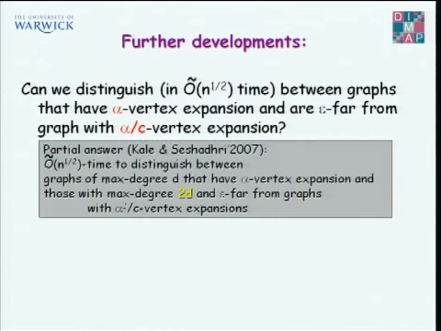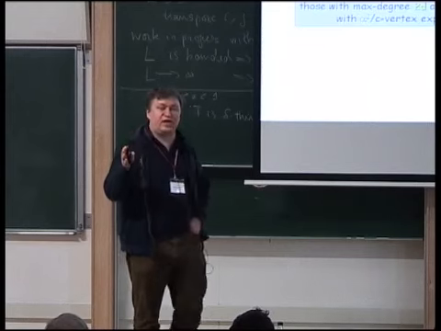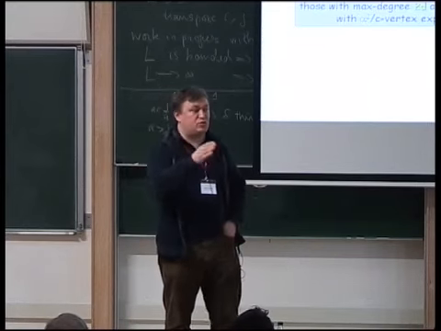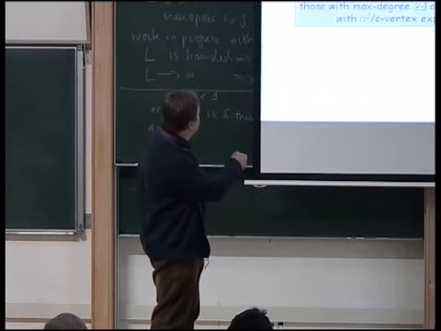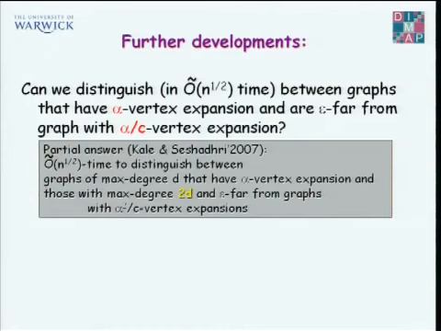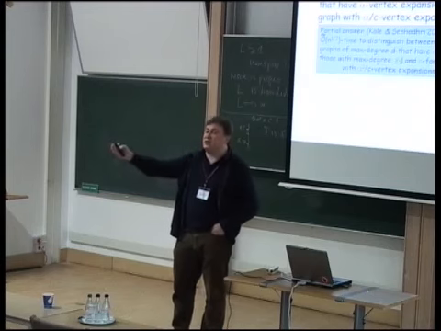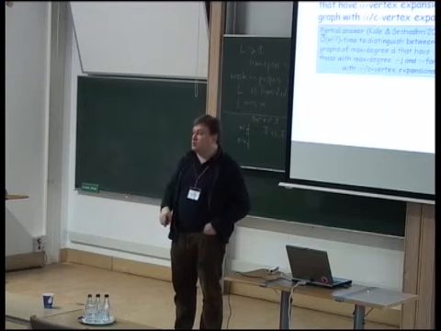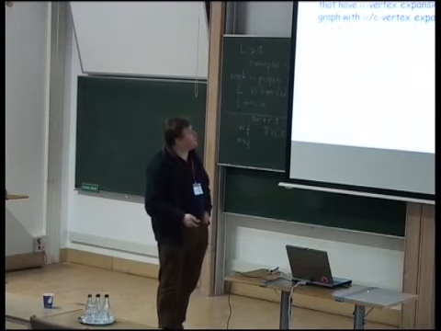Then first Kale and Seshadri came up with an algorithm running in square root of n time, able to distinguish between alpha vertex expanders and alpha squared over a constant vertex expanders, but they had some major drawback. The part which we didn't like was that the beta expanders were allowed to have big degree, 2D. Soon later this was also removed.